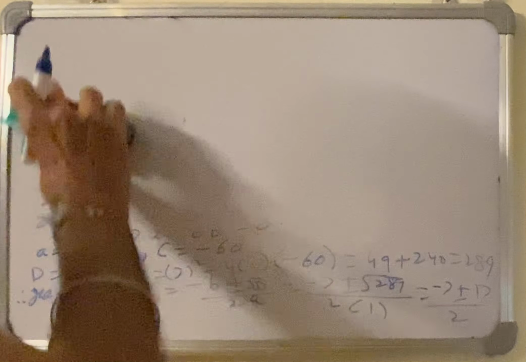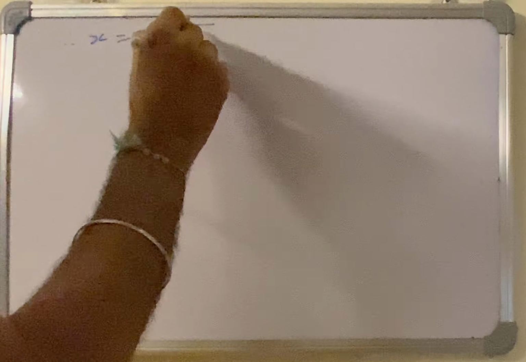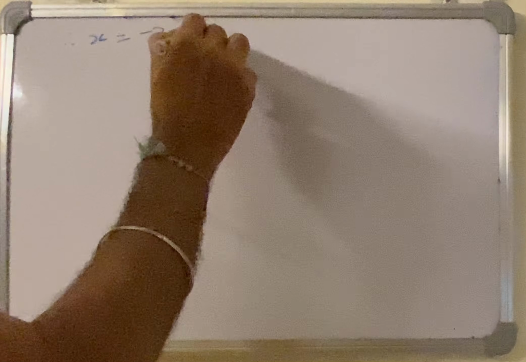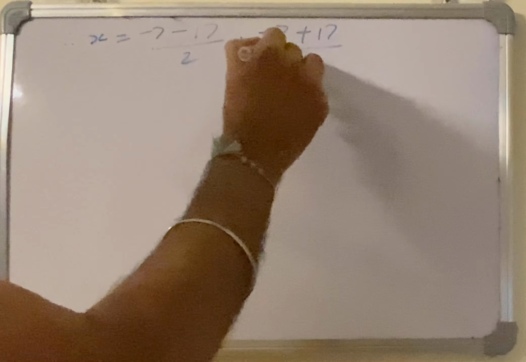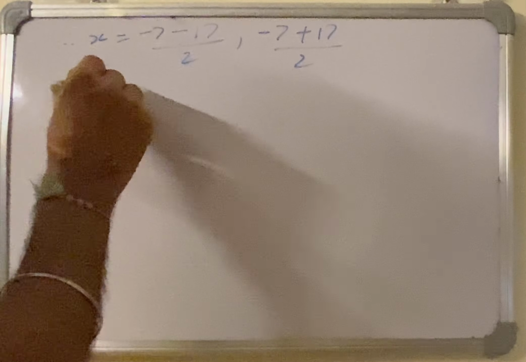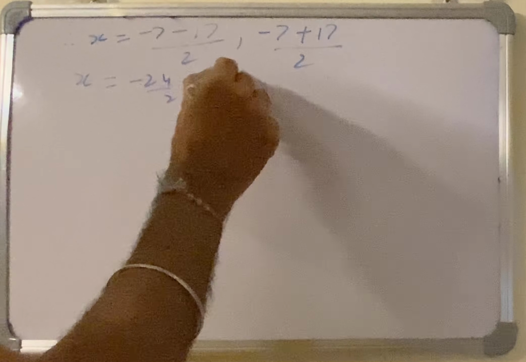Therefore, x is equal to minus 7 minus 17 over 2, comma, minus 7 plus 17 over 2. So x is equal to minus 24 over 2 and 10 over 2.